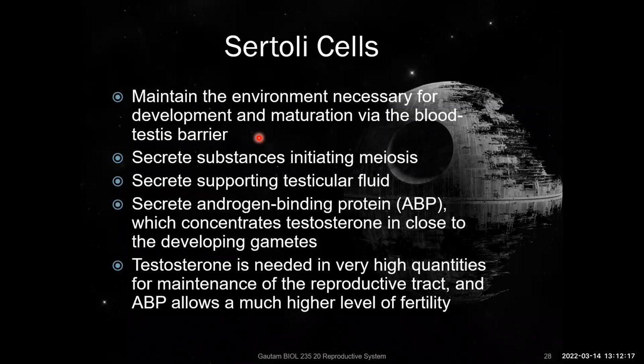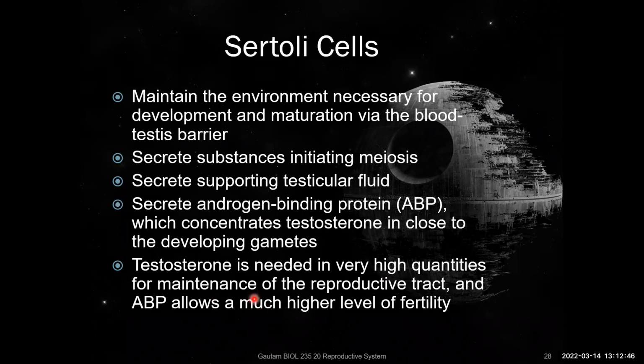So in order to keep testosterone within the seminiferous tubule, they release this molecule, or protein rather, called ABP, androgen binding protein, and it's going to bind the testosterone and keep it from diffusing away. High doses of testosterone is necessary to maintain the reproductive tract and also to stimulate meiosis and therefore spermatogenesis.